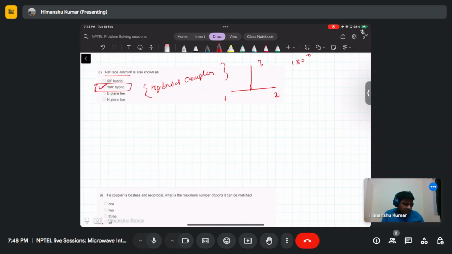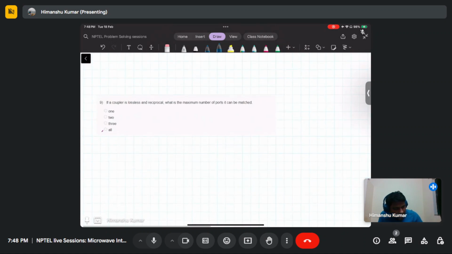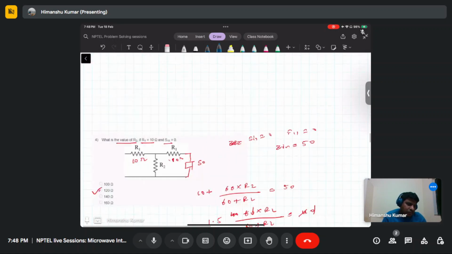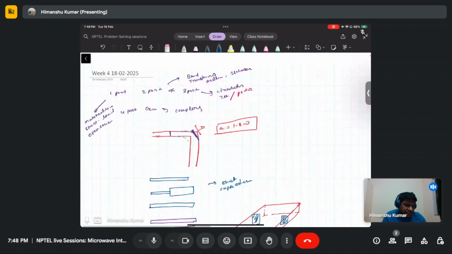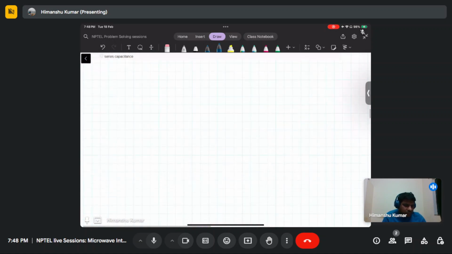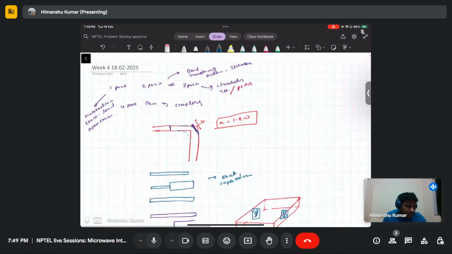Then if we move to the next problem: if a coupler is lossless and reciprocal, what is the maximum number of ports it can be matched at? A lossless and reciprocal network can be matched at all the ports.